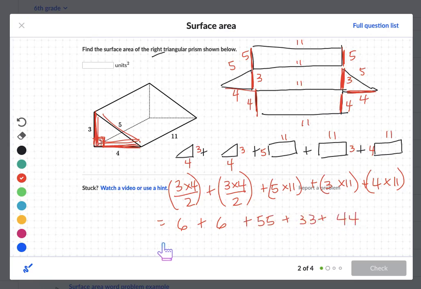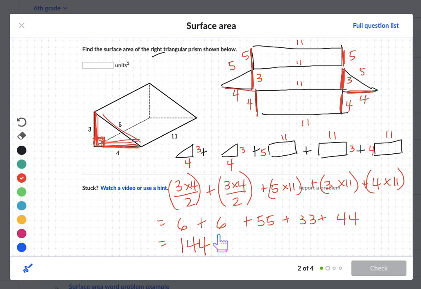So this is what the previous lesson wanted you to get. And literally for this lesson, you're just going to add them together and get your answer. 6 plus 6 plus 55 plus 33 plus 44. I got 144. And it's going to be units squared. Just to be safe, I'm going to add that all in.